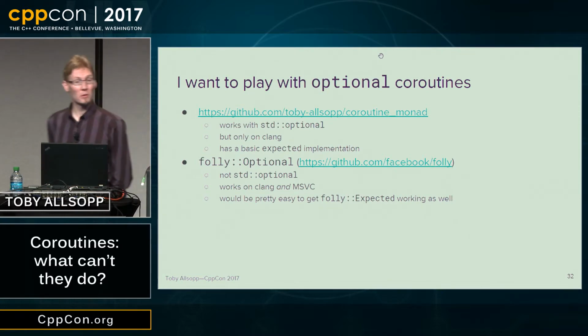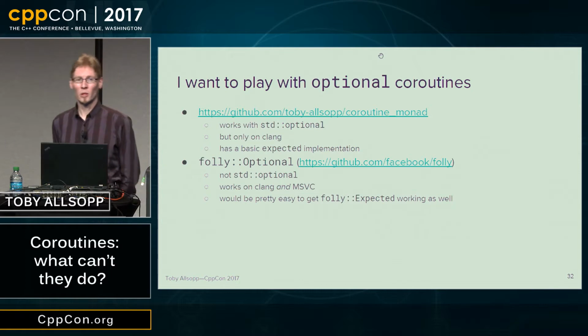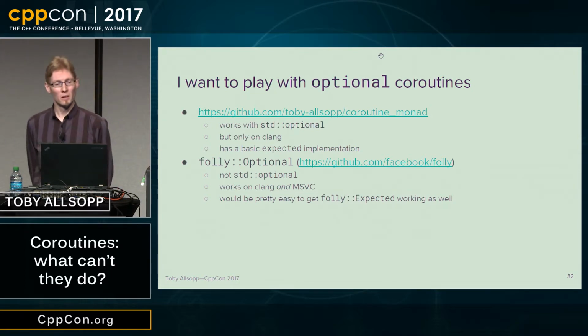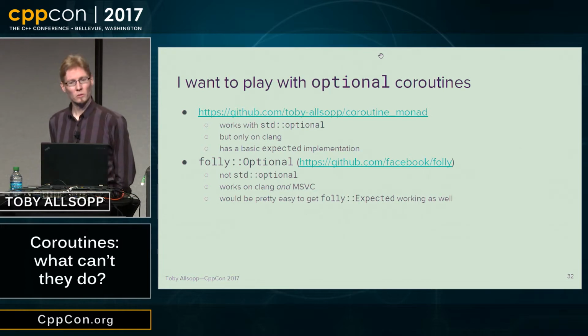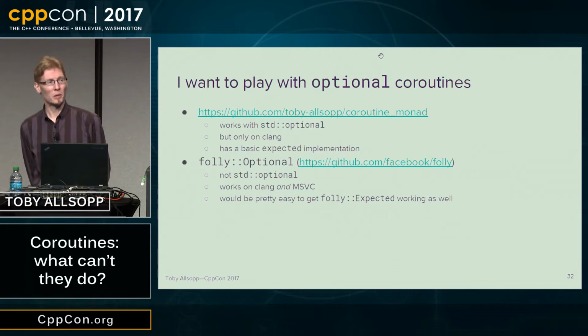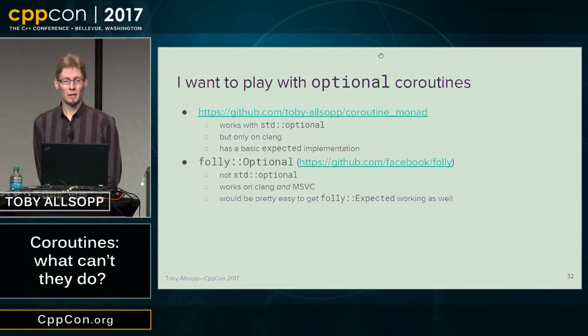So if you want to play with optional coroutines, I wouldn't say use it in production, but if you want to play with it, there's some stuff on my GitHub which works with standard optional, but only works on Clang. Unfortunately, there's a basic expected implementation as well there.